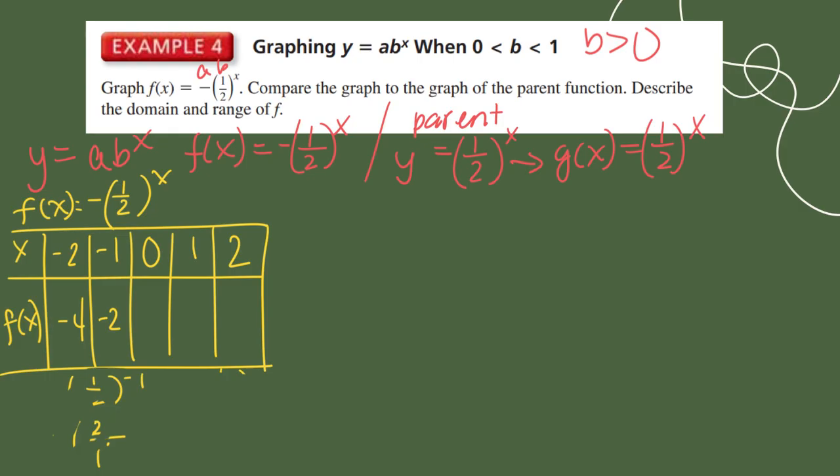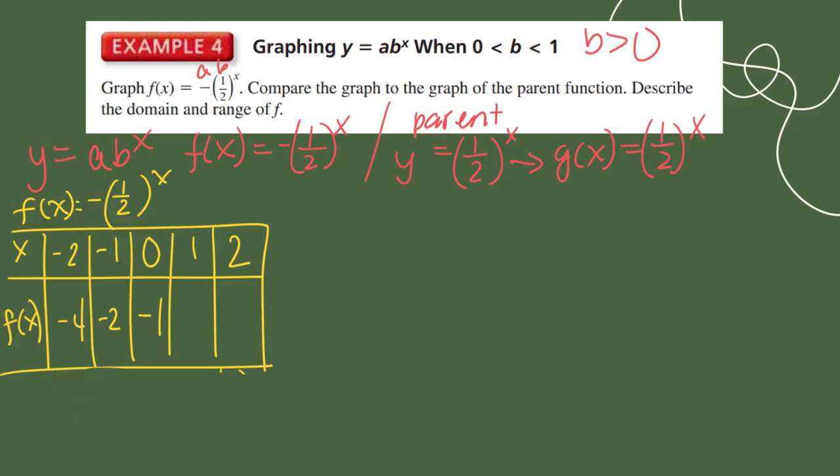And now we're going to have to the power of 0. So our answer here should be, remember your rules. If we have negative times 1/2 to a power of 0, we know that this becomes just what? 1. So 1 times negative 1 gives negative 1. Let me just erase it completely.